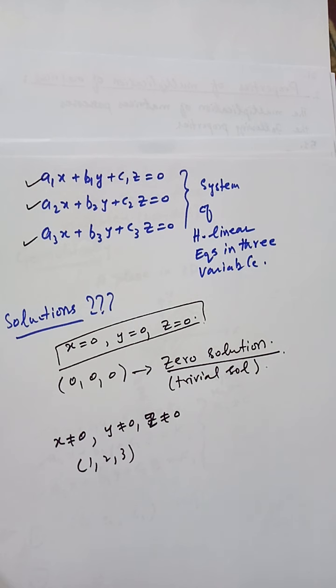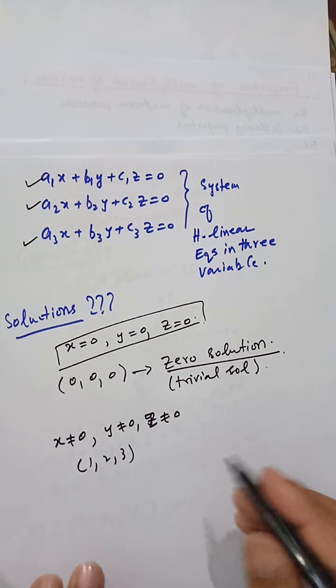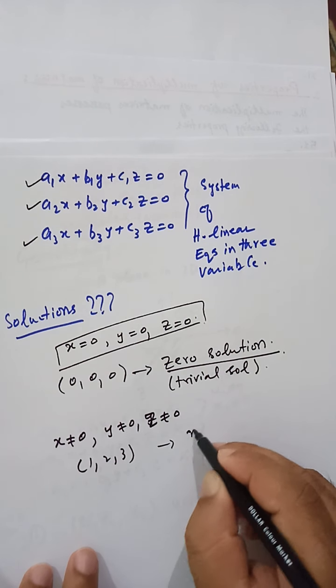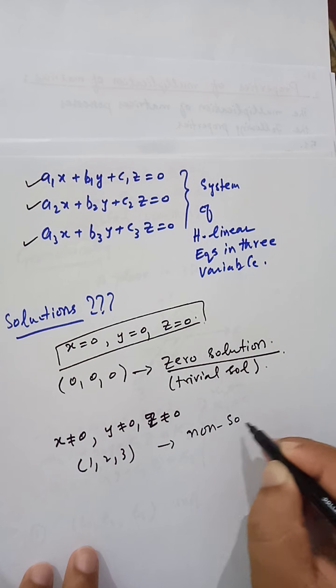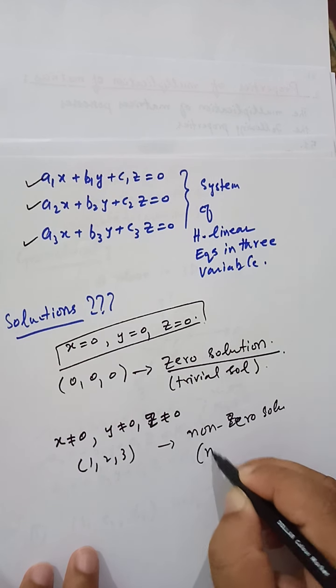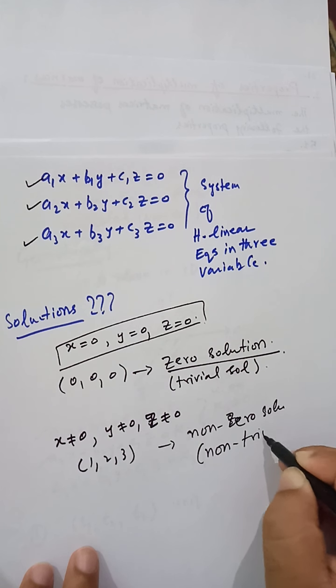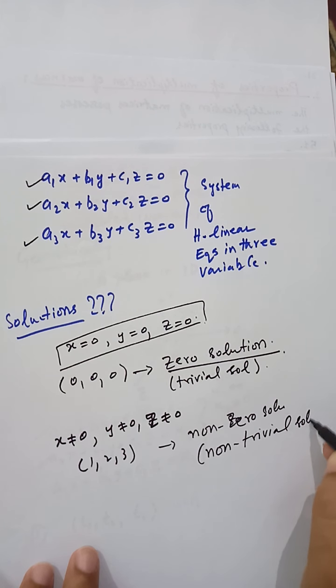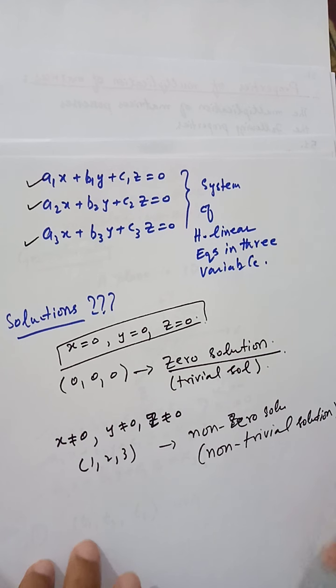If at least one of them is not 0, that is also known as a non-zero solution, and a non-zero solution is called a non-trivial solution of the system. So when will a trivial solution and when will a non-trivial solution exist for the system of homogeneous linear equations in three variables?